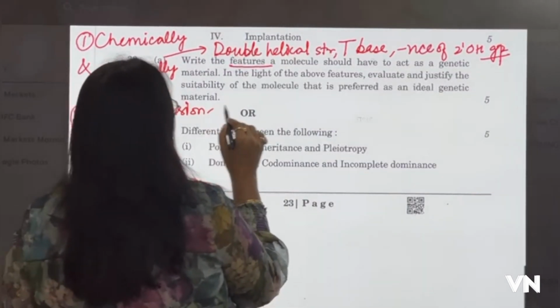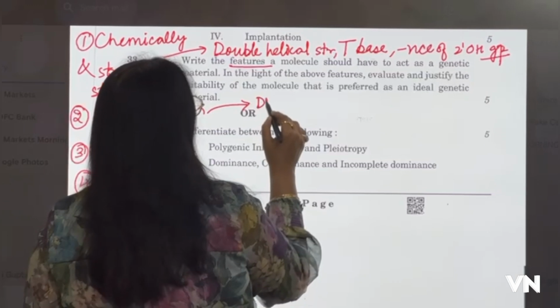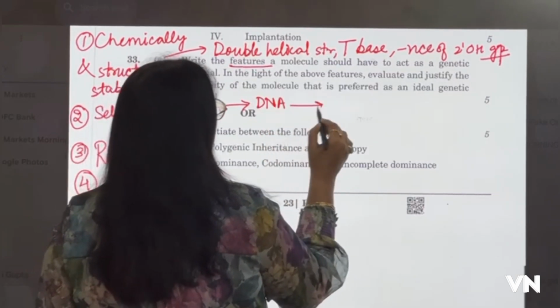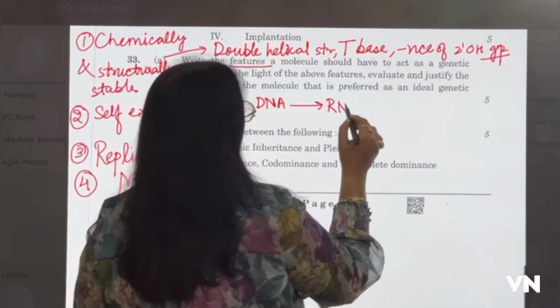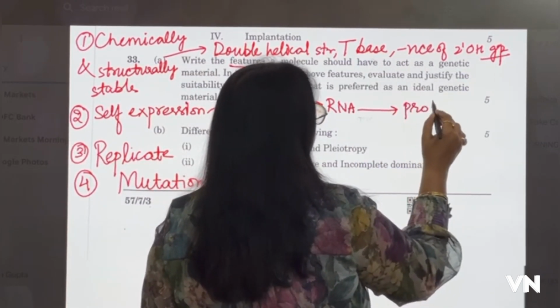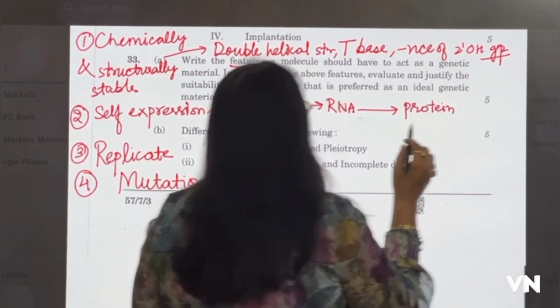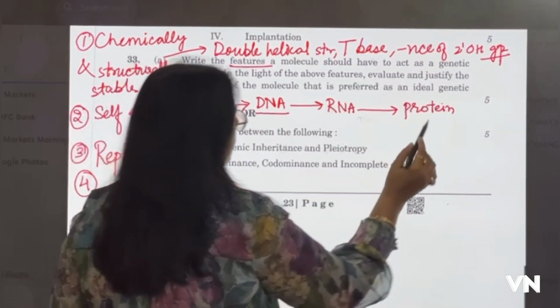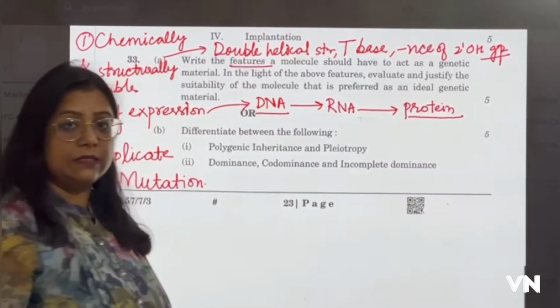For self-expression, as you know, DNA is transcribed into RNA, and then RNA is translated to protein, and this way all information which is stored in DNA is expressed in the form of proteins.